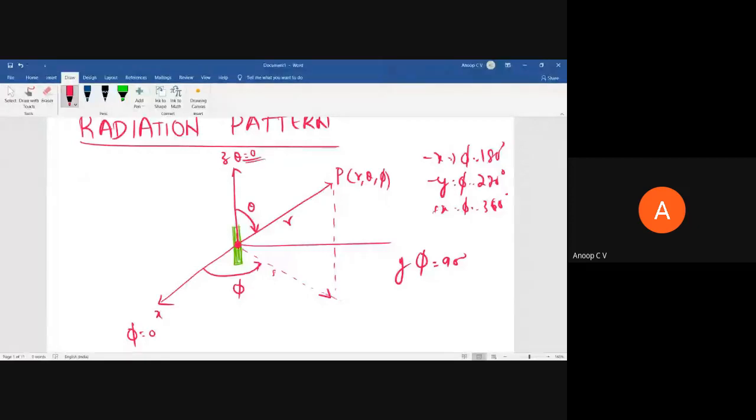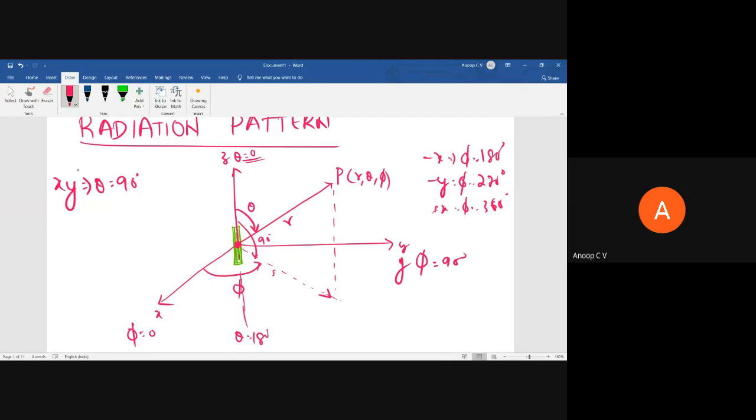And this xy plane is theta equal to, can anyone tell me? 90 degrees. Why? Because from the positive z-axis I should travel this much, which is 90 degrees. And the negative z-axis is theta equal to 180 degrees.